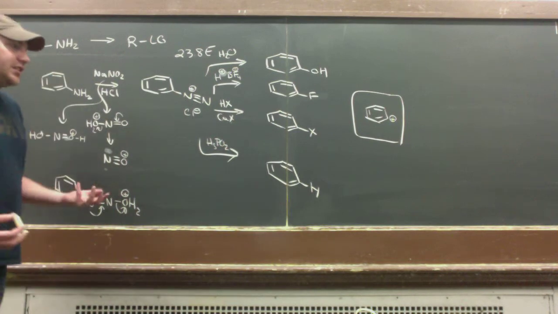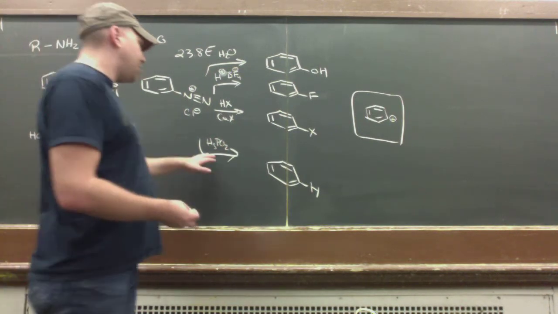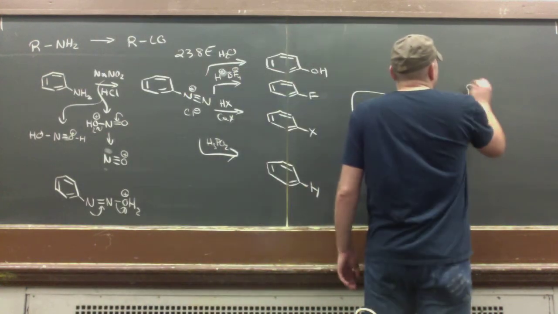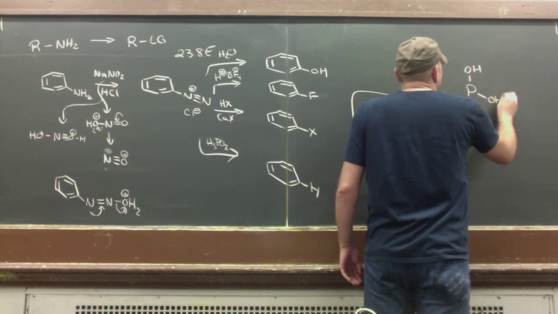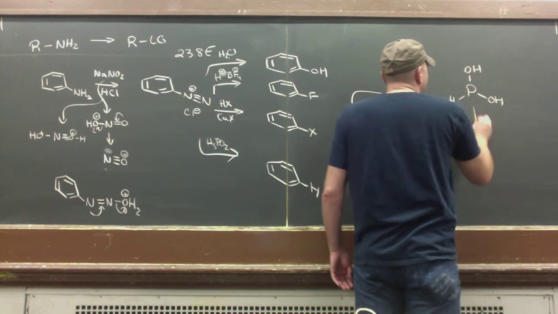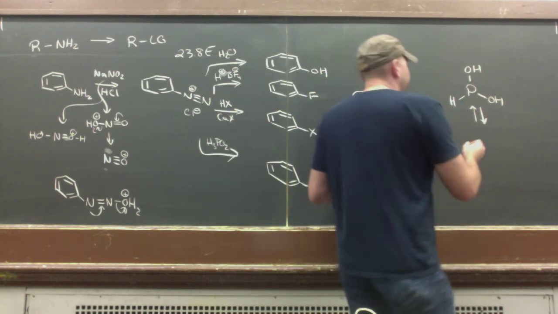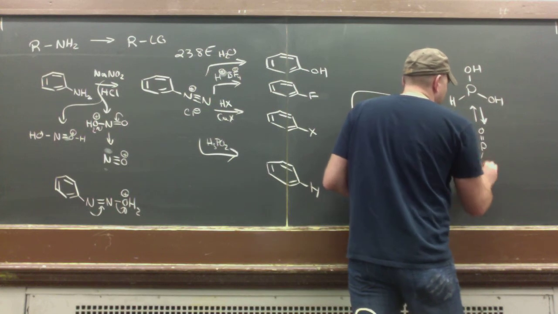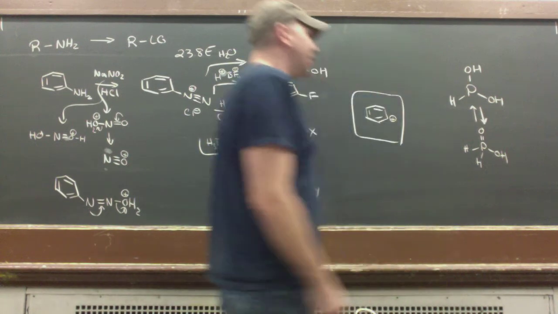One way that you could at least think about it, if you want to rationalize it, is that this could be a sort of source of hydride. So HP... there are two forms of this that you can imagine, either in this form here, or in this form here.